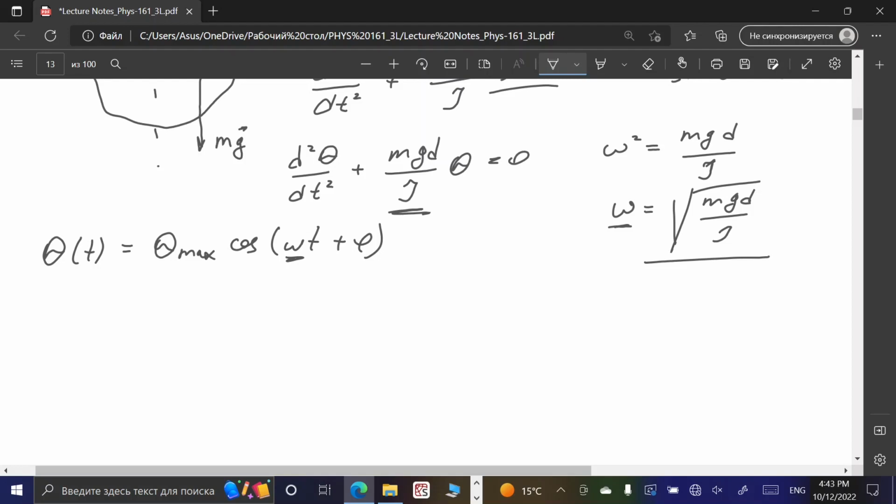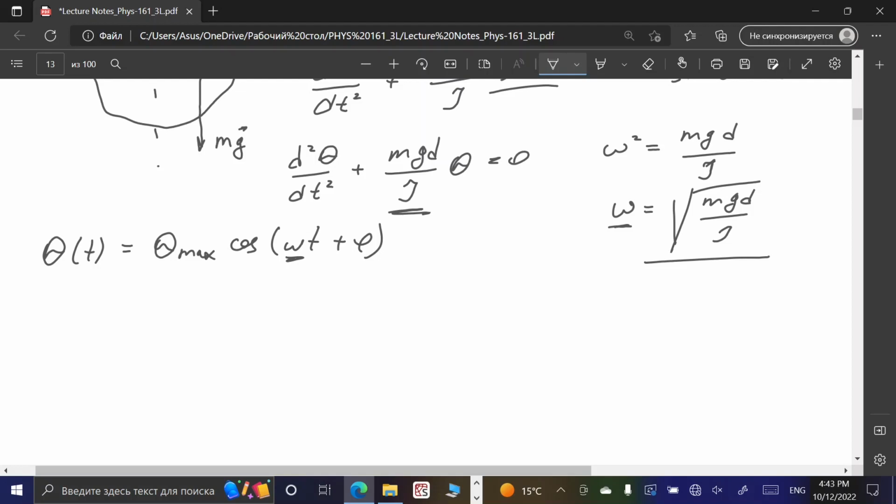We have shown that the period of the mathematical pendulum does not depend on the mass of the block attached to the rope and is defined only by the length of the pendulum, and obviously by the acceleration of free fall, which actually can be easily measured when we deal with a mathematical pendulum.